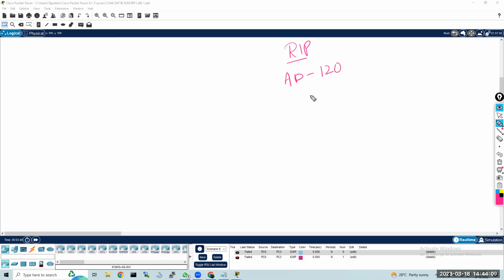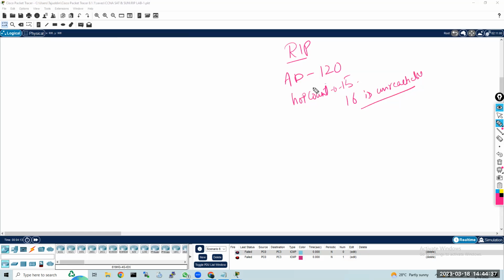RIP works up to a maximum hop count of 15. Only 15. 16 is unreachable.